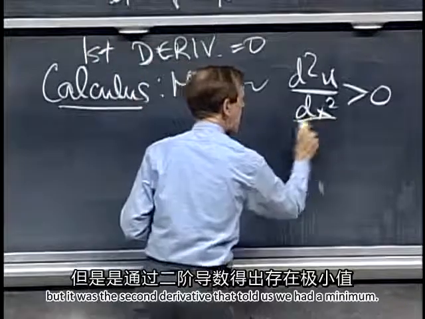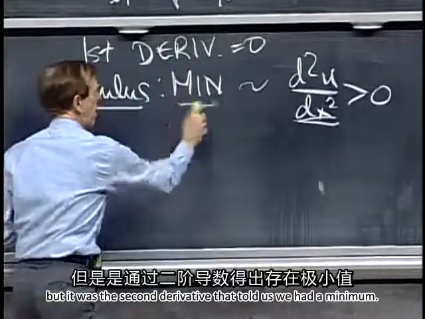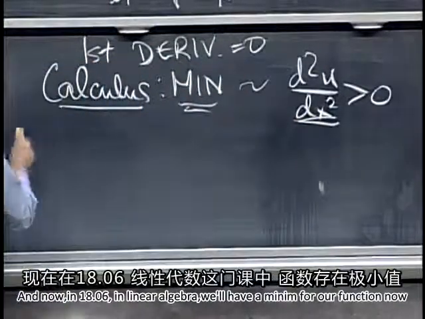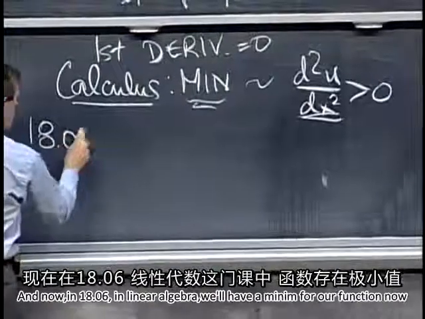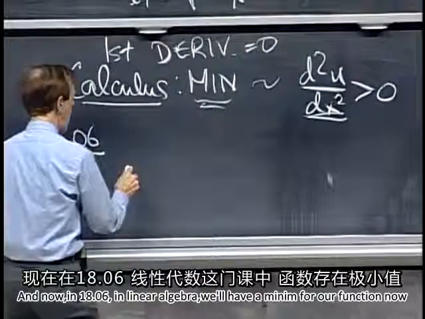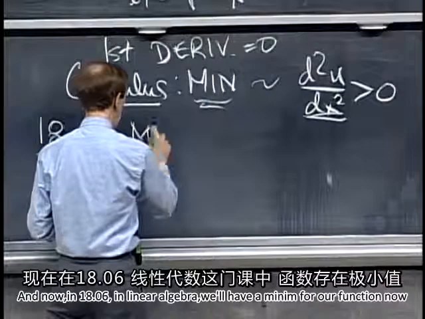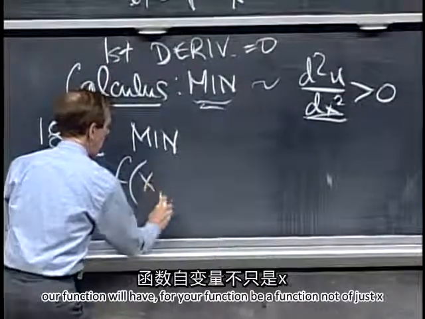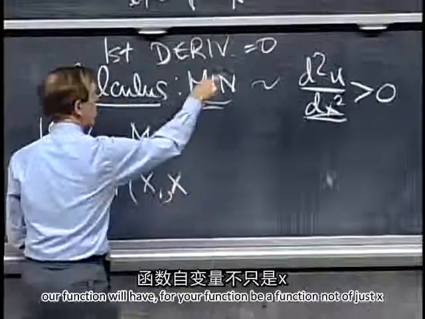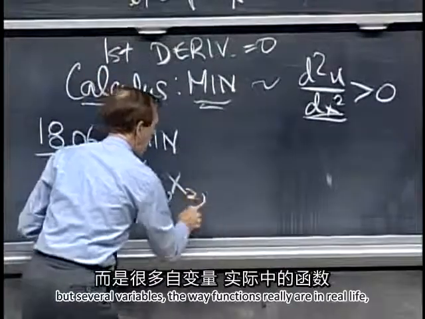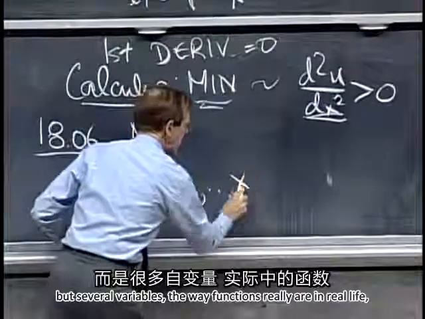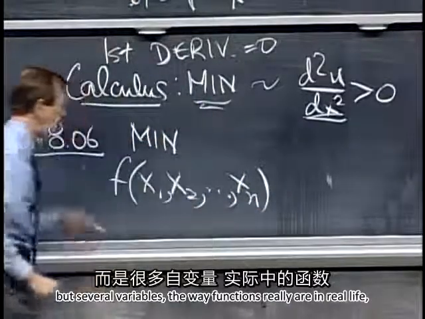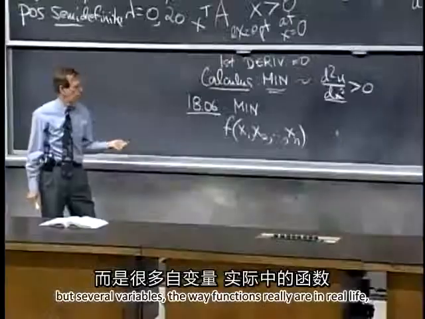But it was the second derivative that told us we had a minimum. And now in 18.06, in linear algebra, we'll have a minimum for our function, which will be a function not of just x, but of several variables, the way functions really are in real life.